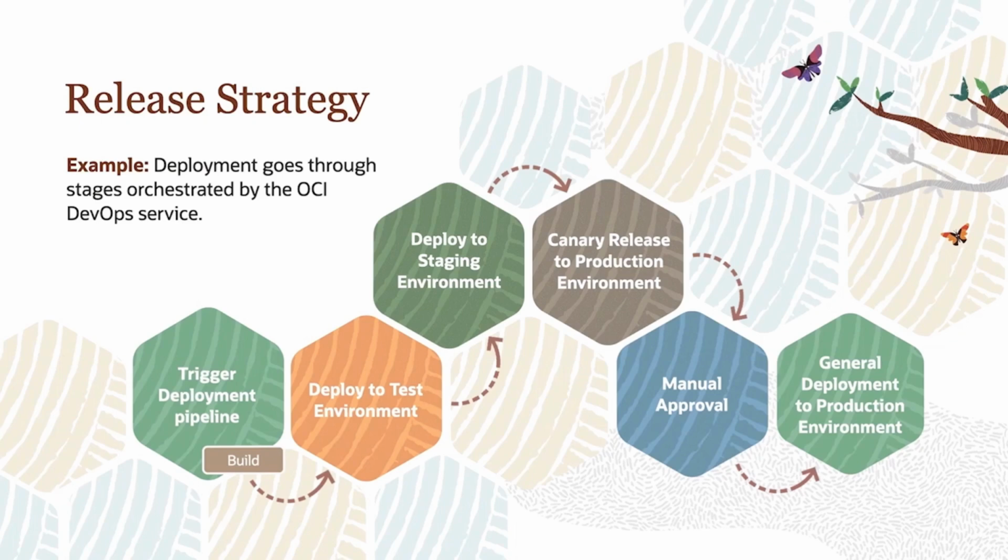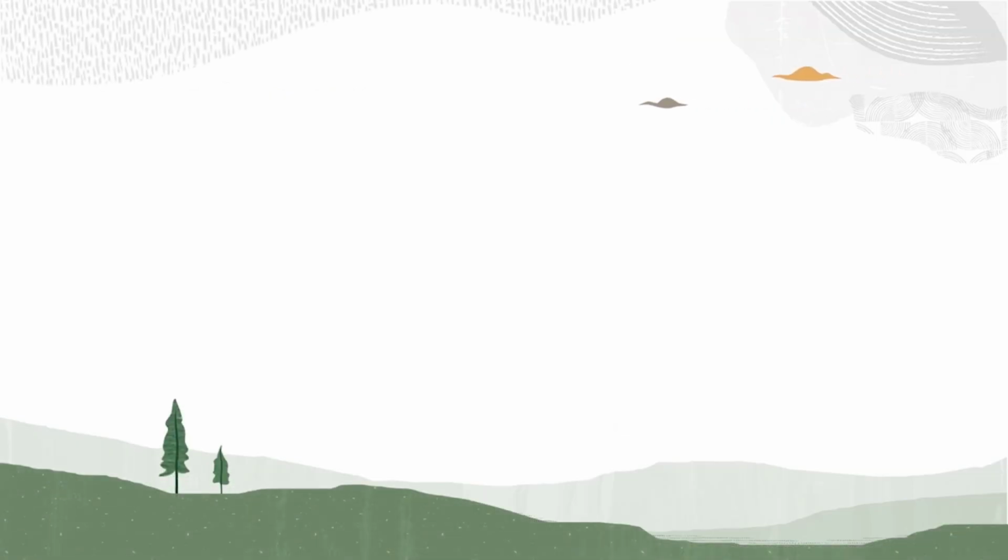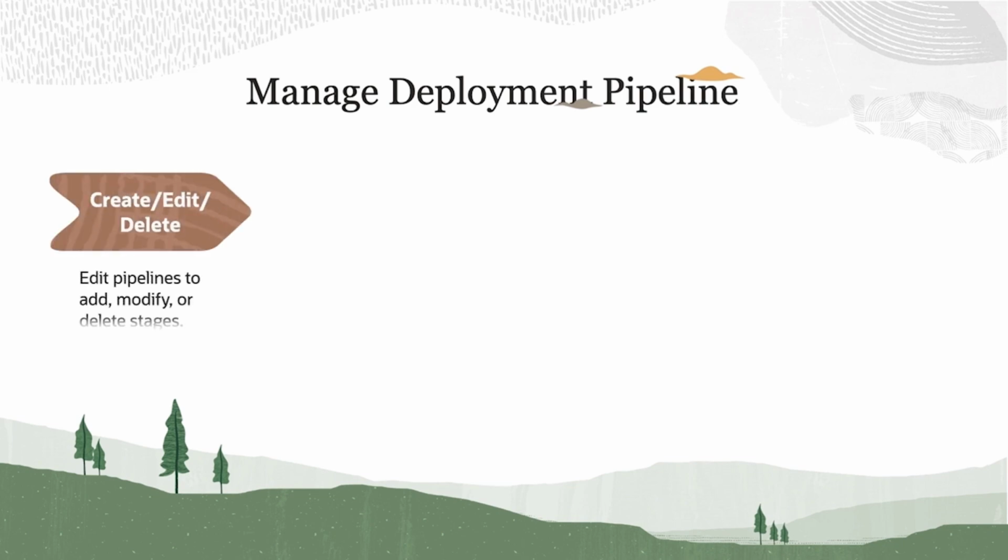Using the OCI DevOps service, you can automate as much as you want to, with a deployment pipeline and automated builds run without intervention. The DevOps projects offer many options to customize your deployment pipeline. Let's look at how to manage the deployment pipeline. You can edit pipelines to add, modify, or delete stages.